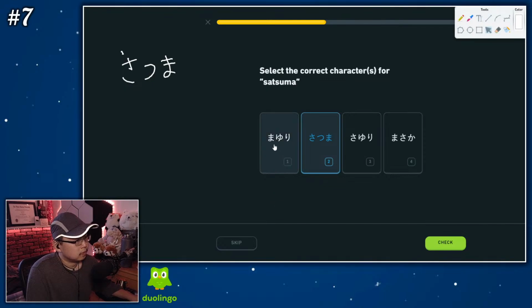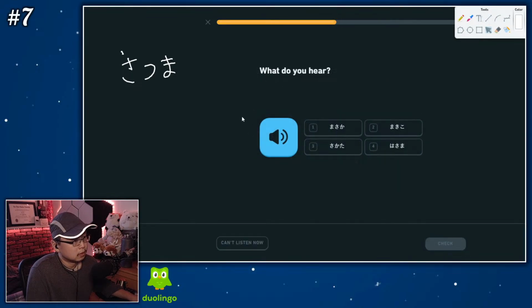And Mayuri. Mayuri. And then Sayuri. Then Masaka. Let's just write out Masaka.